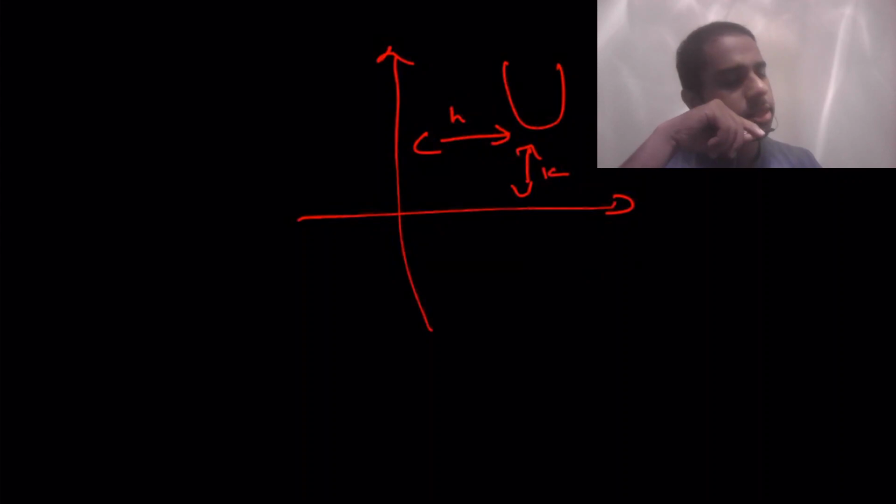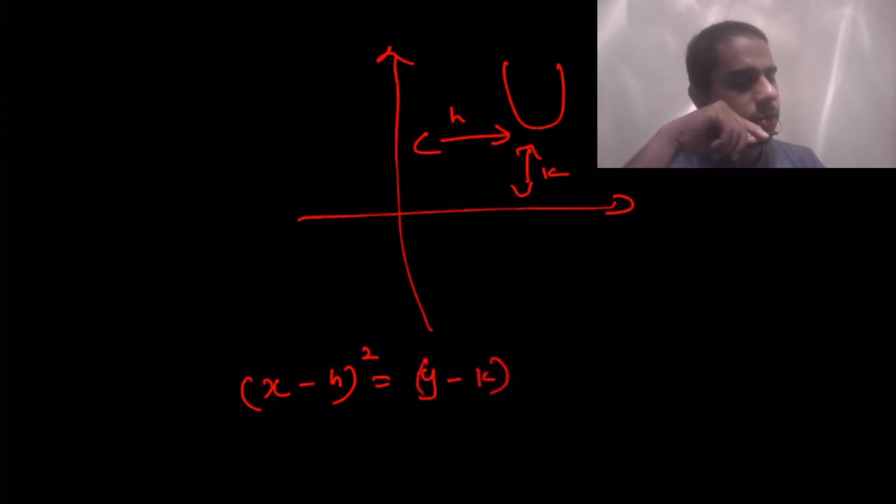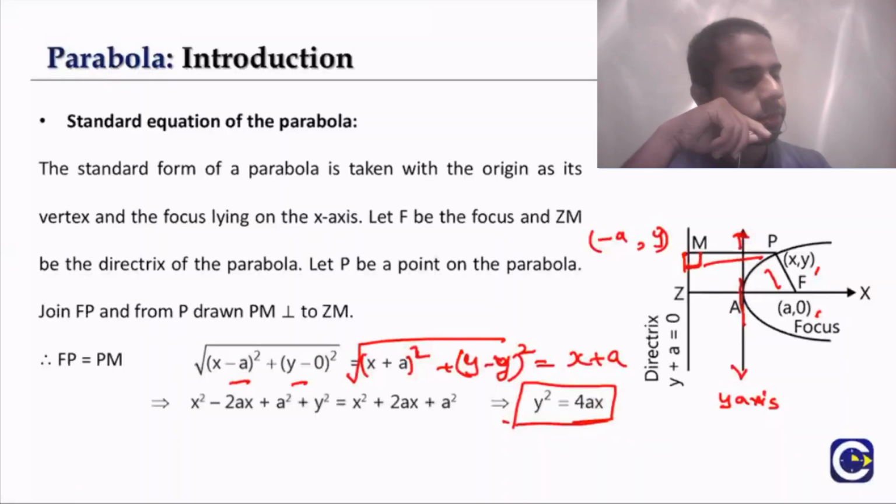So in this case, the equation will be x minus h the whole square is equal to y minus k into 4a. You can have equations like this. So it depends on shape and displacement of the parabola, how it is.